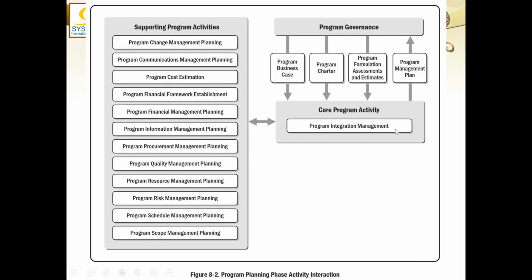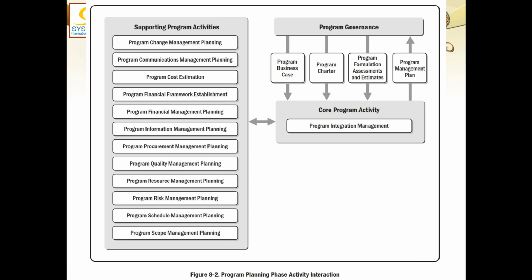So this is how we have already seen things. In the earlier slide, we have seen 8.1. We had the business case, we had the program charter, and in that diagram, there was an arrow going from business case to program charter. And the business case was being submitted to the program governance. Here what is happening is that when we start doing the planning, program governance already has the business case and already has the charter.